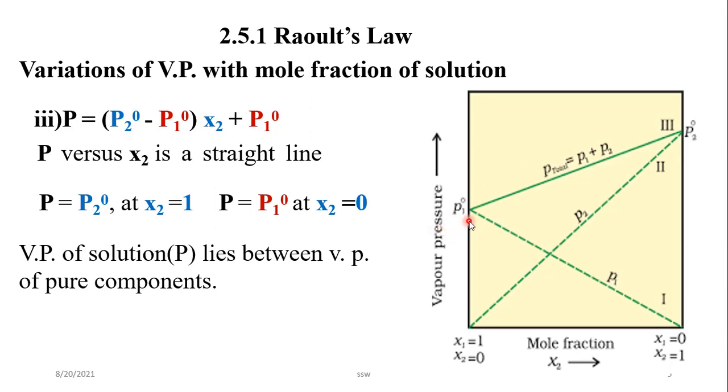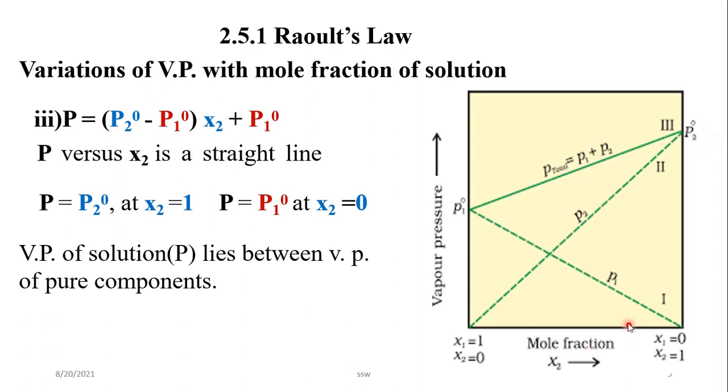The vapor pressures of the pure components P1 0 and P2 0. What will the vapor pressure of the solution be? It will be between these two. So the vapor pressure of the solution lies between the vapor pressure of the pure component A1 and the vapor pressure of the pure component A2.